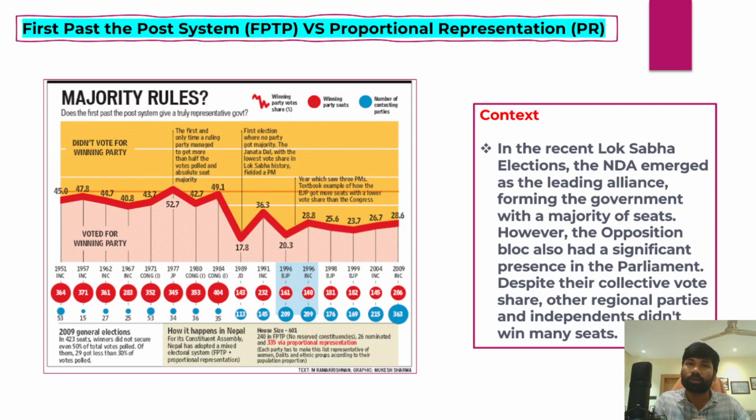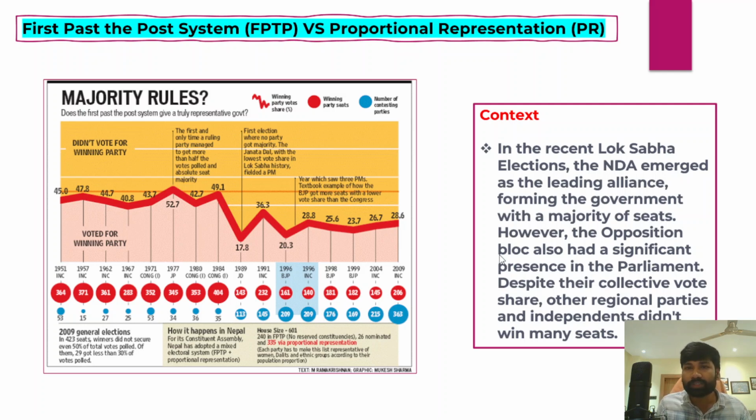Even though the BJP, which is at the center of the NDA coalition, has not got enough majority to form the government, NDA as of now, including all the regional parties, has got the clear majority and it is going to form the government.